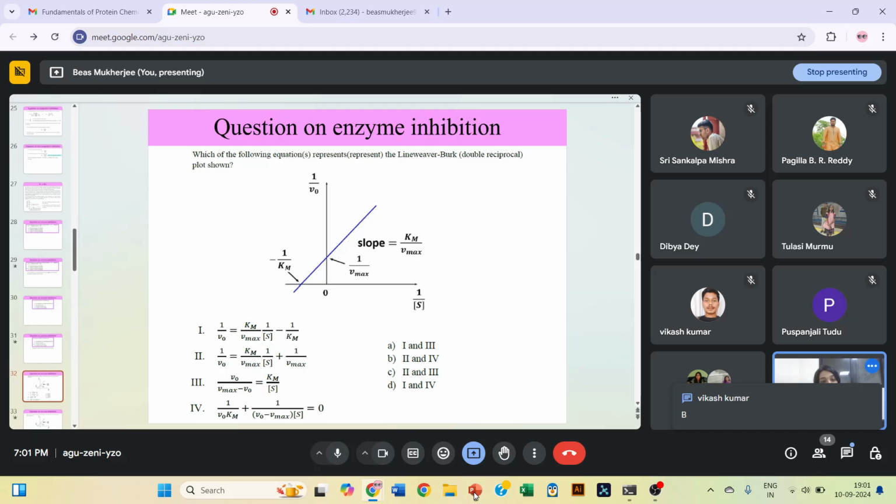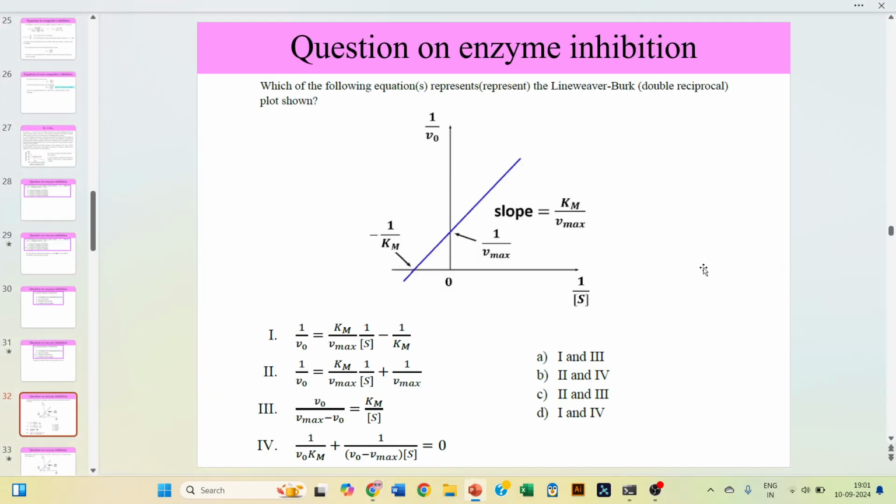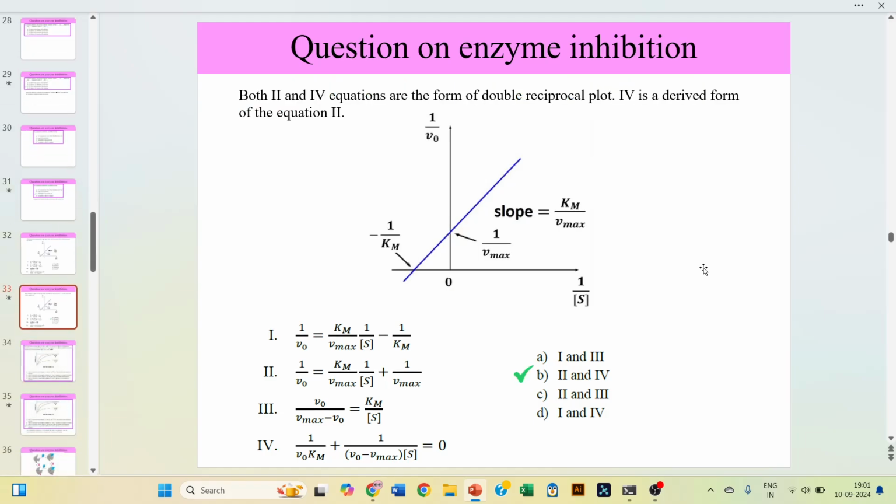Okay, so you are saying that it is B. B is 2 and 4. Right. Okay, let's see. The right answer is B. You can solve these and see for yourself.